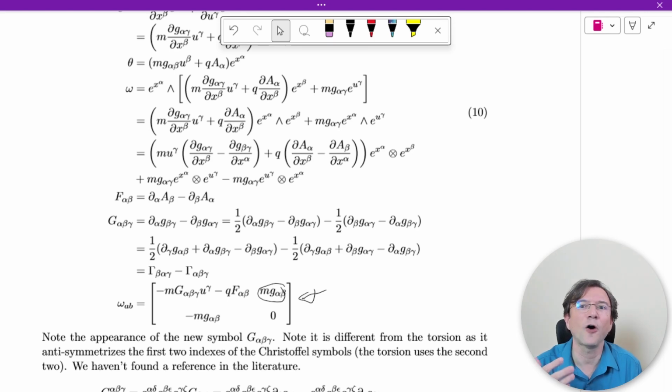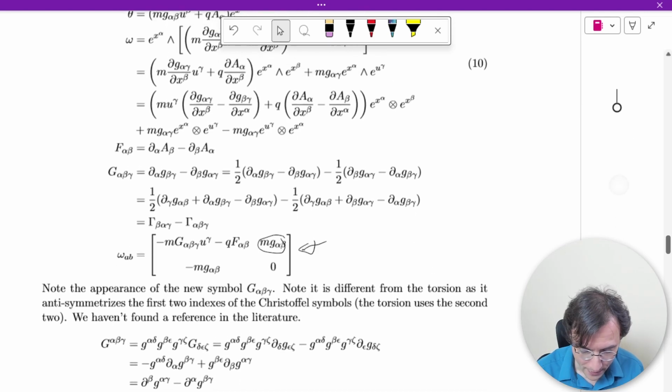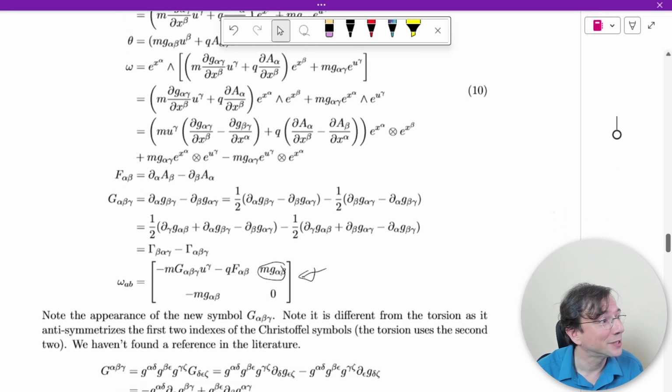So it tells you volumes in the space of position and velocity, which is where you would put your distributions of states.